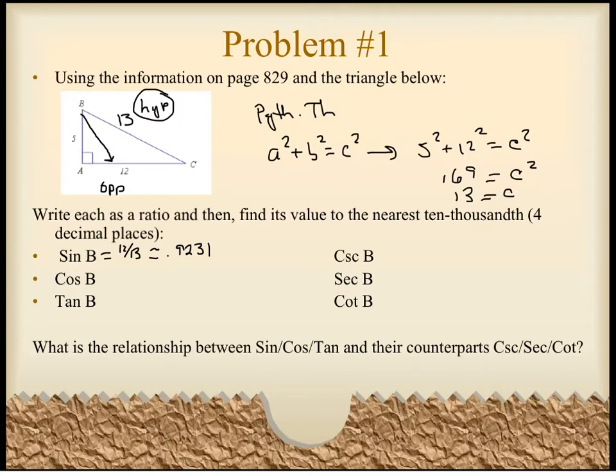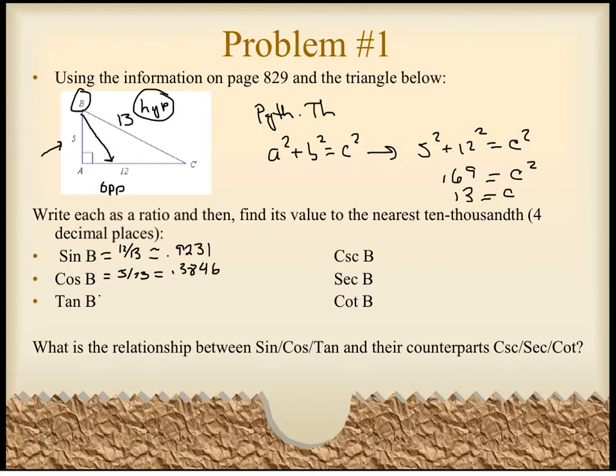So we're going to do the same thing here. We're going to focus on the same angle, so we're focusing on angle B. So cosine of angle B is adjacent. Adjacent is next to. So we're going to have 5 over 13, which works out to approximately 0.3846. So all we're doing is taking the fraction of the sides, okay?